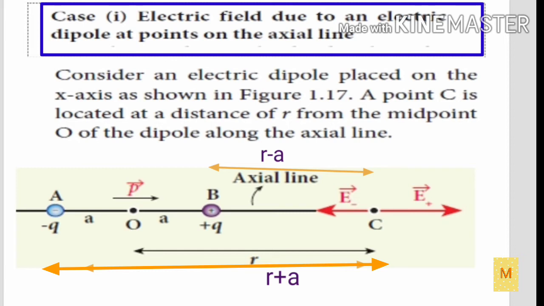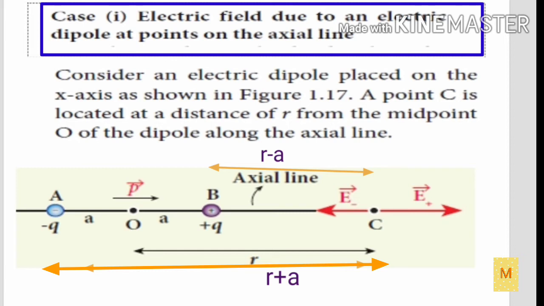Even though the two point charges are not able to come into contact with each other, they will try to attract the neighboring charges, which means that the negative charge will try to attract the positive charge. At the same time, the positive charge will try to attract the negative charge. In that case, the electric field due to the positive charge is represented by E plus vector.